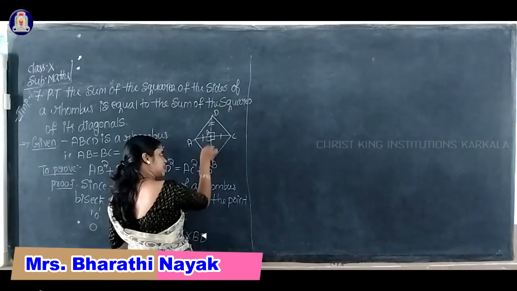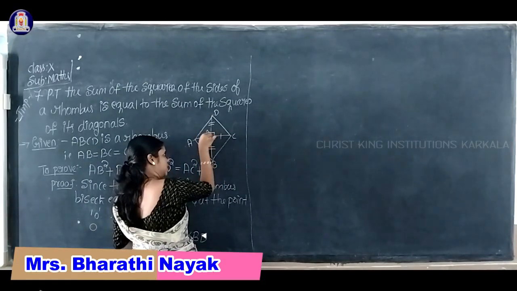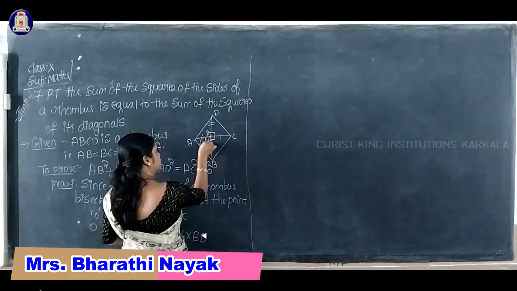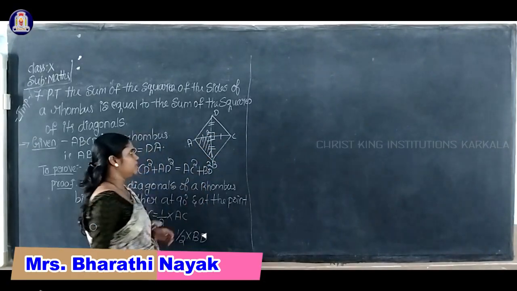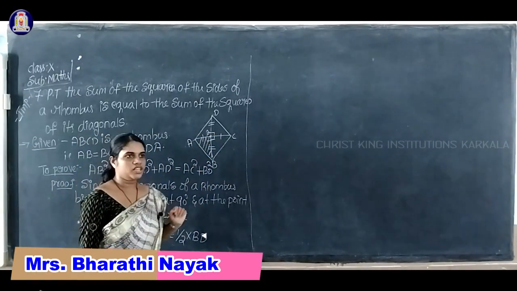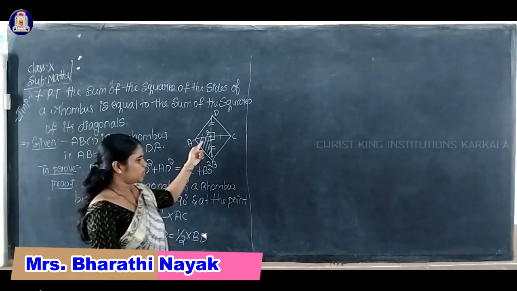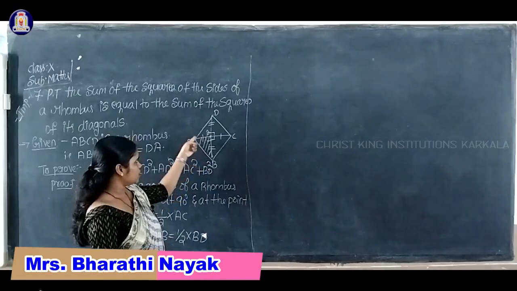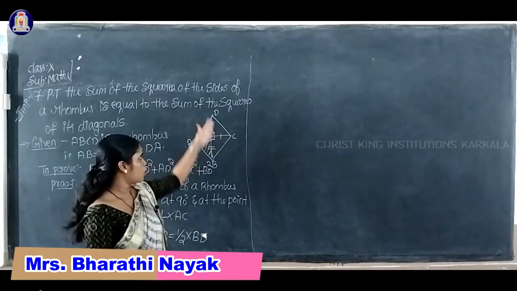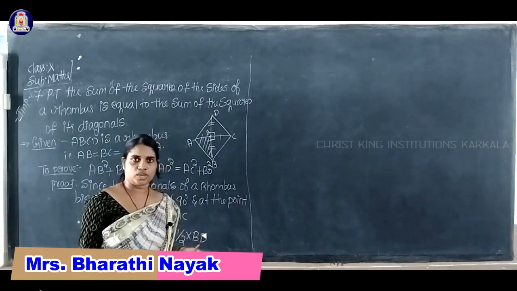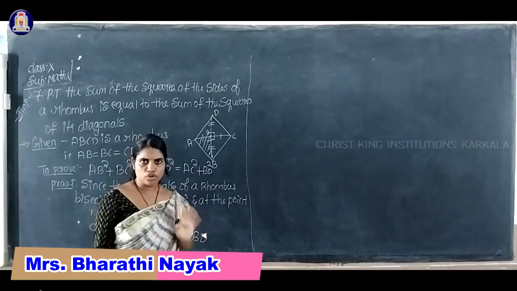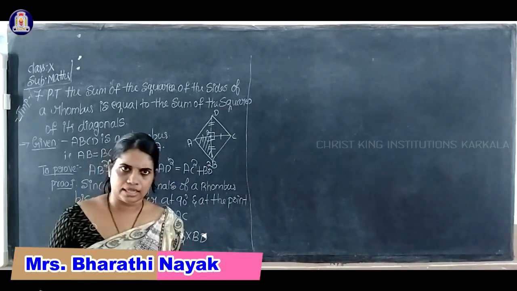I already informed that these two diagonals are intersecting at 90 degrees. So can you observe here, triangle AOB is one of the right angled triangles. Yes or no? You can take any triangle, not only can you consider AOD, you can also consider COD, or COB, but any one right angled triangle.